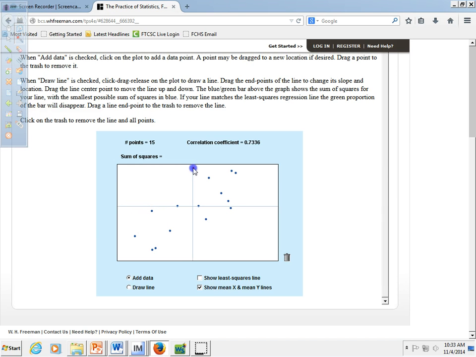Well, as far as correlation goes, if it's an outlier in the Y direction, it's still going to affect correlation by quite a bit. If it's an outlier solely in the X direction, it's still going to affect correlation quite a bit. So outliers affect correlation, we know that.